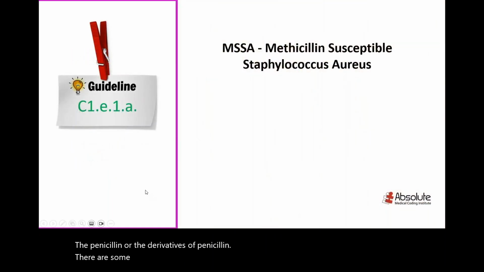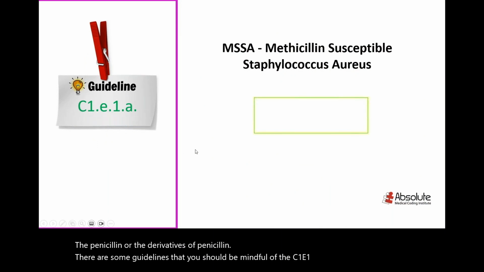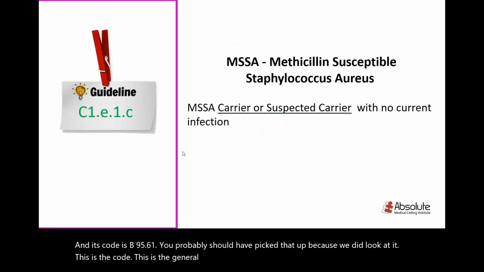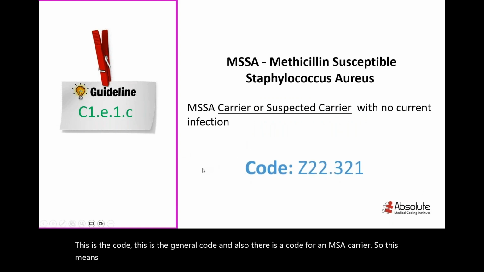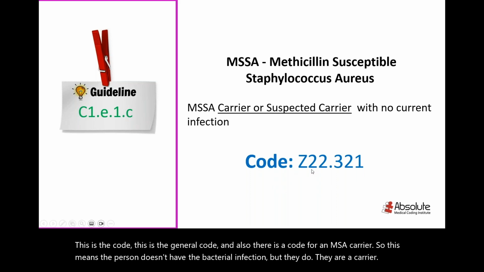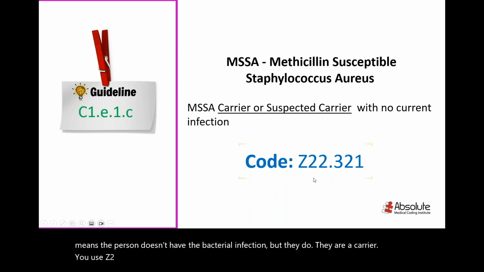There are some guidelines that you should be mindful of, the C1E1A, and its code is B95.61. You probably should have picked that up because we did look at it. This is the code. This is the general code. And also, there is a code for an MSSA carrier. So this means person doesn't have the bacterial infection, but they are a carrier. You use Z22.321.